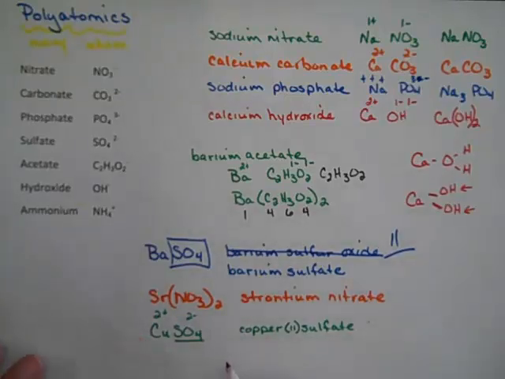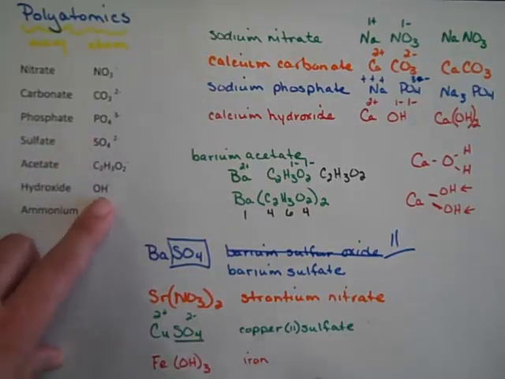Should we do another one like that? What if we have iron hydroxide? Okay, we have our iron, and we know that we have hydroxide. I think I said oxide, didn't I? That's hydroxide, not oxide. So we have iron, and we have hydroxide.